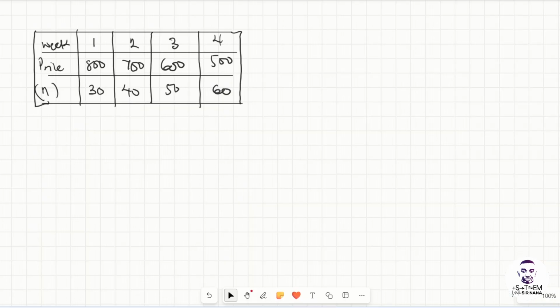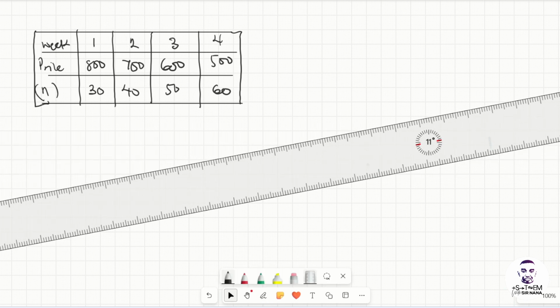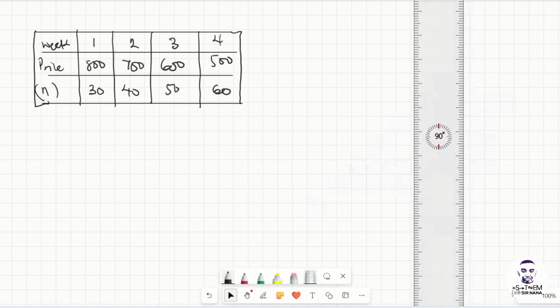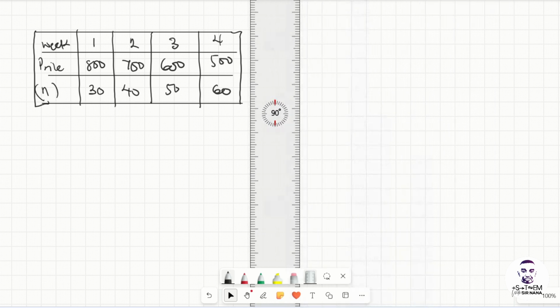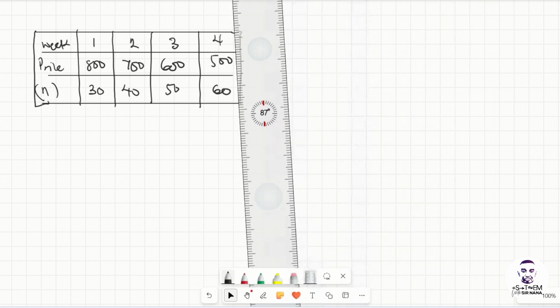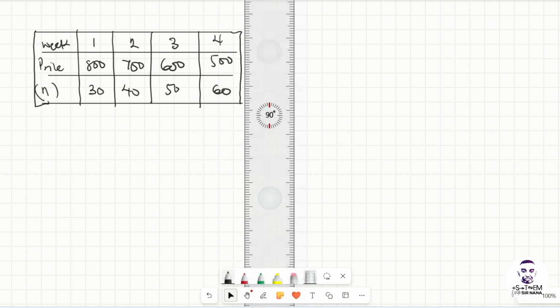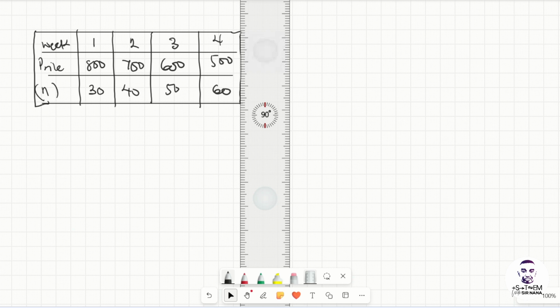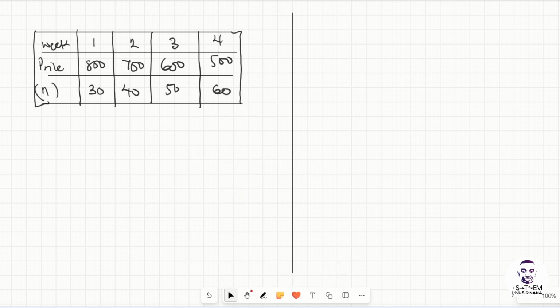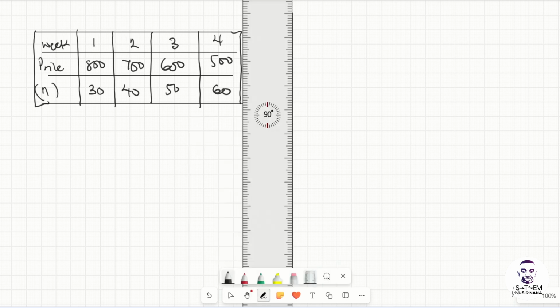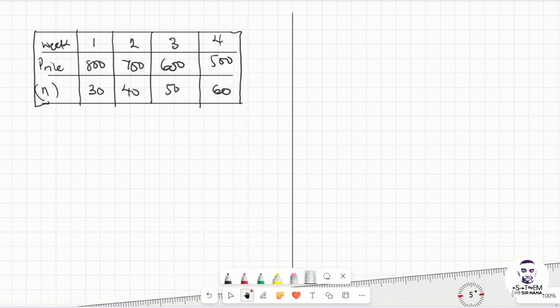So we'll pick our graph and construct it with a horizontal line. They are all positive values, so we don't need any negative values. Then we will have our vertical line and horizontal line.